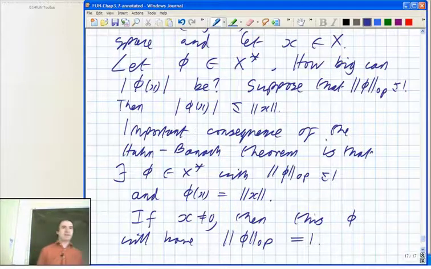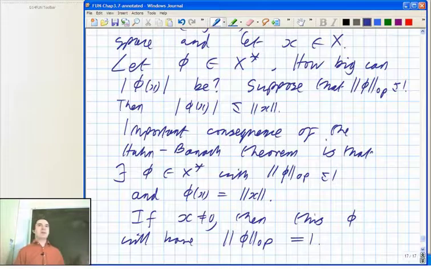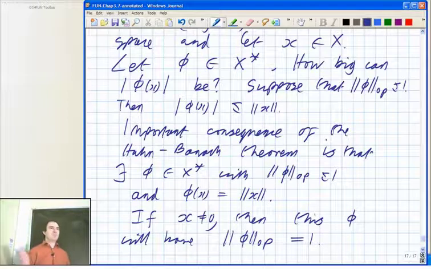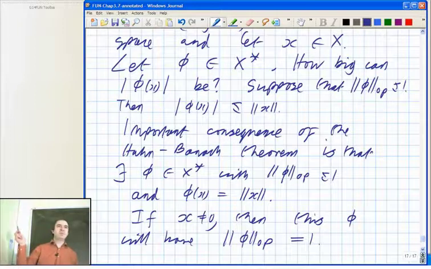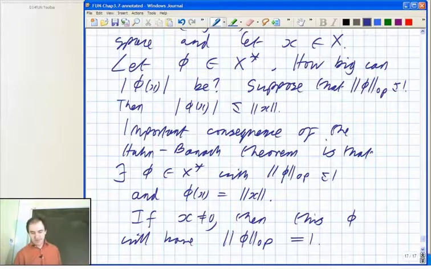The idea is that you start with your non-zero x and you try to do as well as you can with a linear functional whose norm is 1. It's not obvious there are any at all. The Hahn-Banach theorem will provide you with some, and even better, a linear functional whose operator norm is 1 and which is as big as it possibly can be at x.